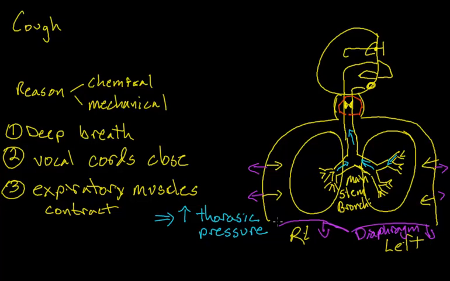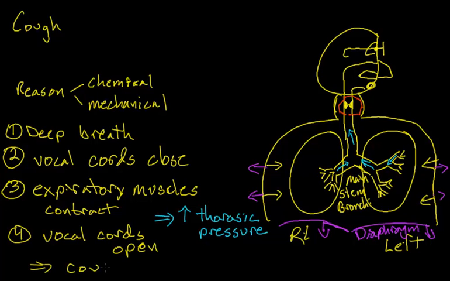Okay, so you've got your vocal cords closed, you're pushing air out as hard as you can, and then when the cough finally happens, number 4, the vocal cords open. And that then leads to a cough.